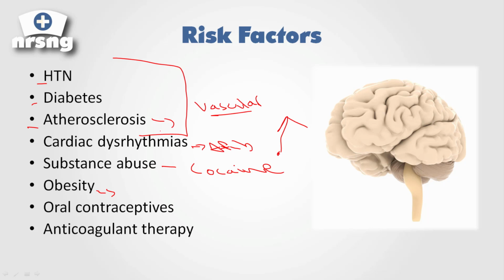Oral contraceptives actually pose a risk factor for hemorrhagic stroke. Okay, and then anticoagulant therapy. Of course, if we're thinning a patient's blood, we get their INR up to our goal level of 2 or 2.5, whatever their goal is, that makes them much more of a candidate for bleeding.